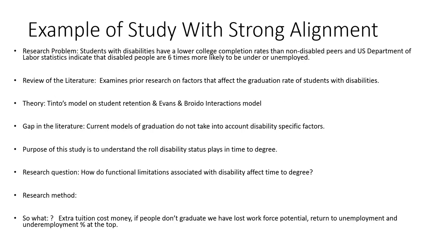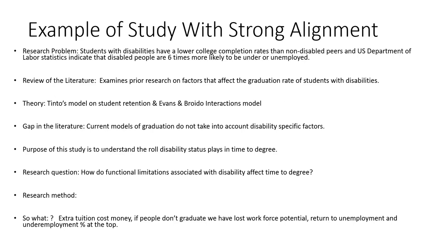What happens if a student has physical health related issues and has a health crisis in the middle of the semester and needs to drop, either a semester completely or two classes? So those disability-specific factors are not taken into account. So the purpose of the study is to understand the role that disability status plays in time to degree.